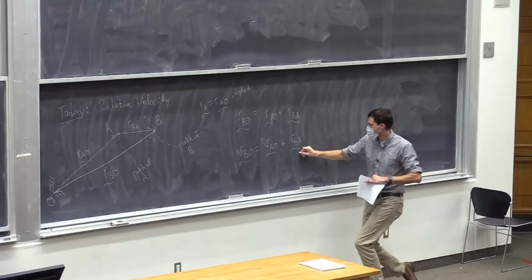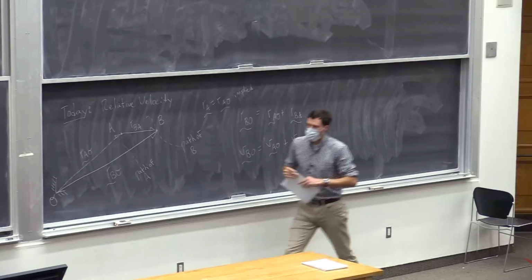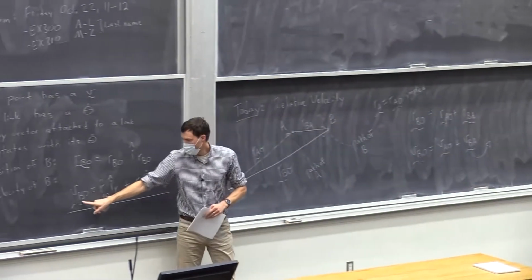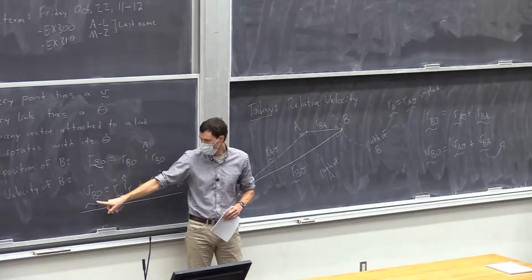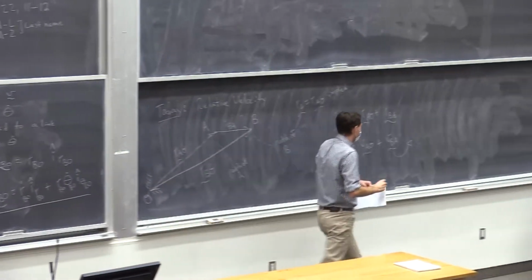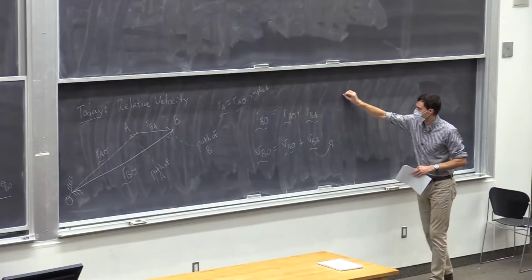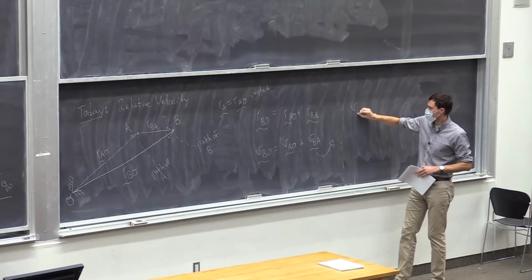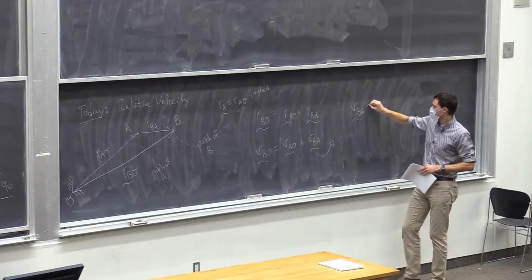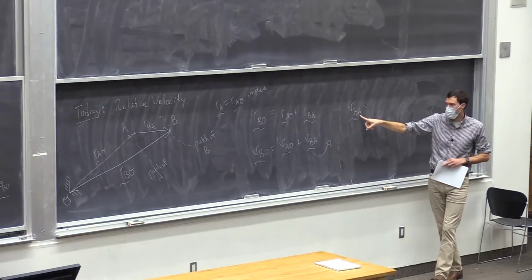Okay, this VBA, we can just swap in any subscripts here. So this is velocity of B relative to the ground, but if we're talking about velocity of one point relative to another point, we just substitute A in for the ground.